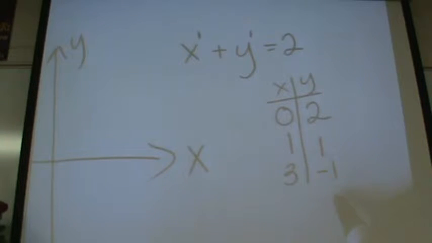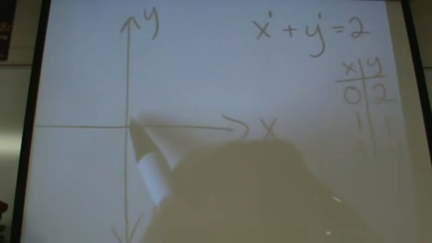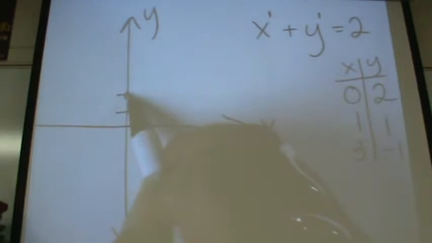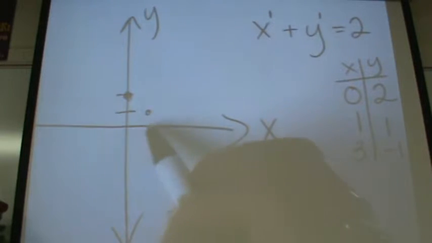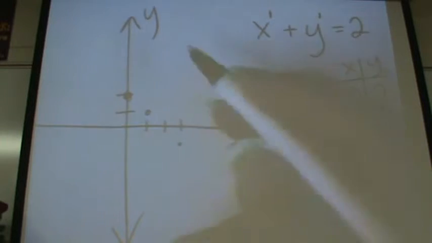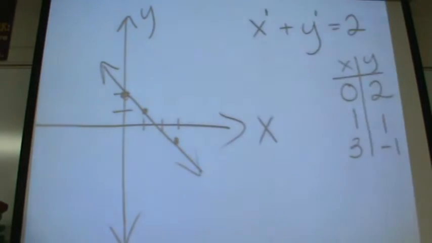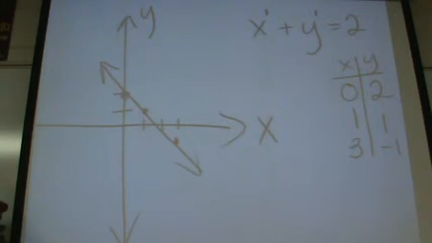Negative 1, right? Okay, so if I plotted these points, 0, 2, 1, 1, 3, negative 1, and if I were to connect these dots, what kind of a relationship do they form? They form a linear relationship.